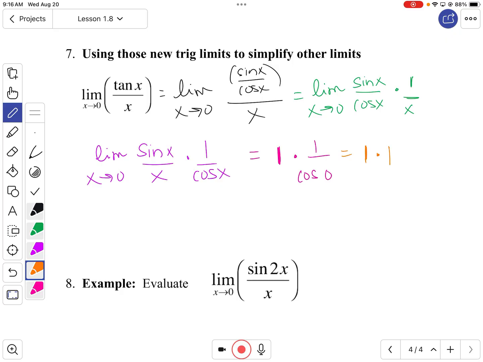It's just 1, and 1 times 1 is 1. So using our arithmetic properties, using a trig identity, not a hard one, just the definition of tangent, it will get me there.